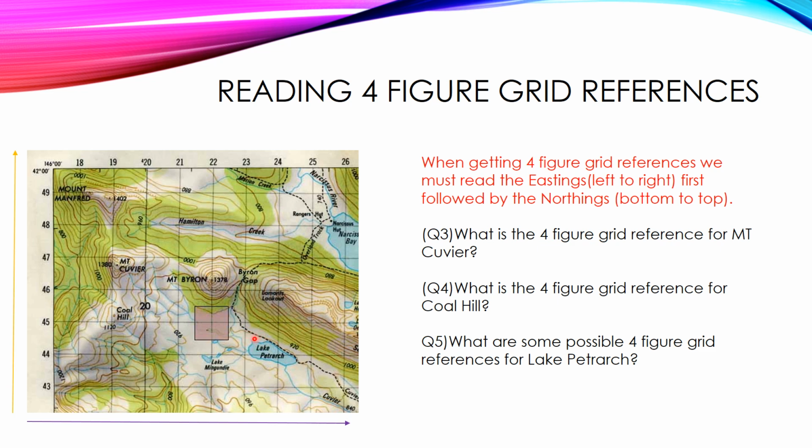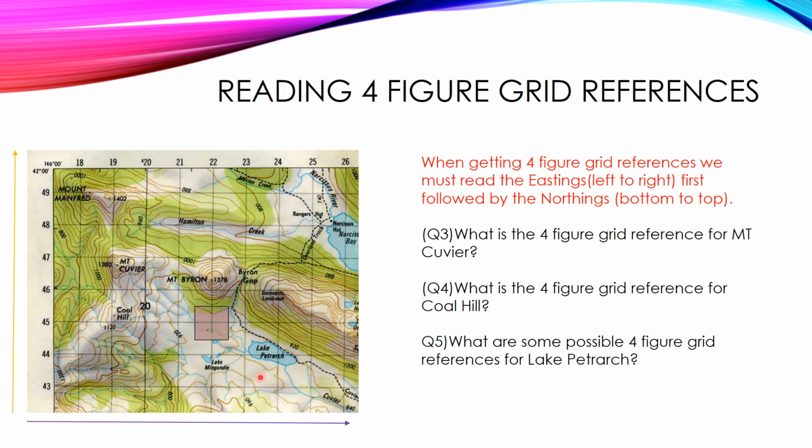Remember, I look at my easting first because E comes before N in the alphabet, and my easting for that box is 23. My northing for that box is 44. So my area reference or 4-figure reference for that section of Lake Petrarch would be 2344.